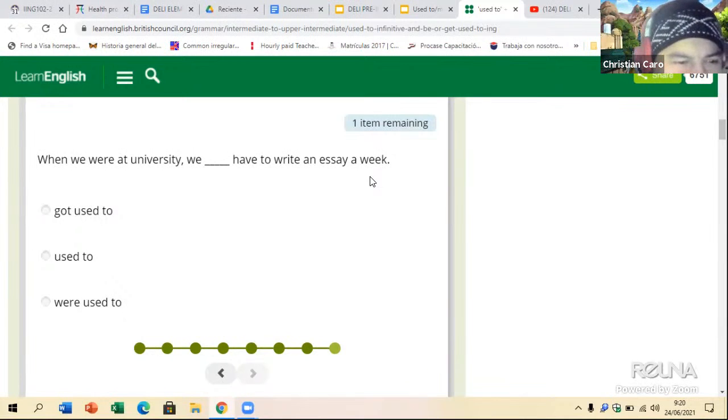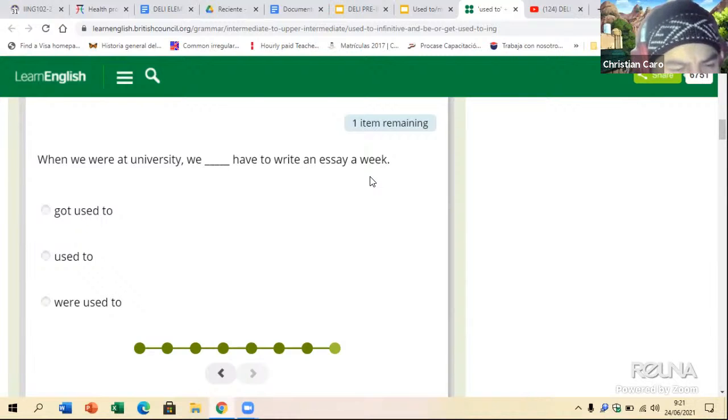Suena raro como nos tuvimos que tener que escribir. We got used to have to write. It's kind of weird, you know, redundant. Tuvimos que tener que escribir. Weird. We used to have, solíamos tener que escribir. And we were used to have to write.